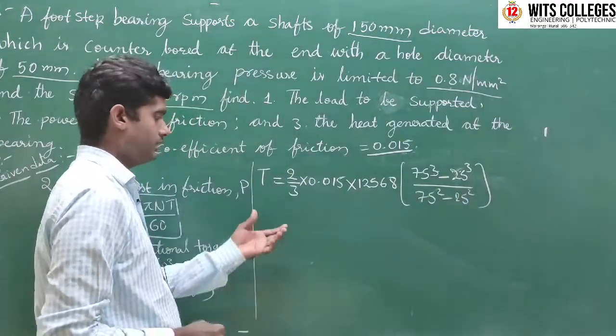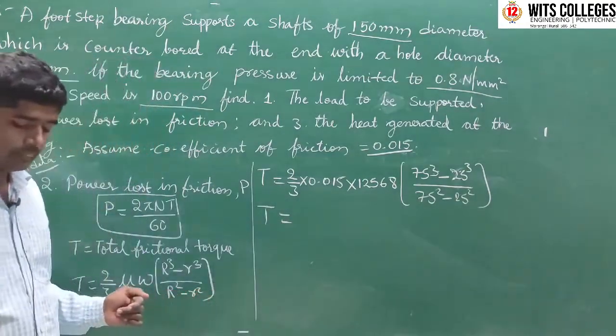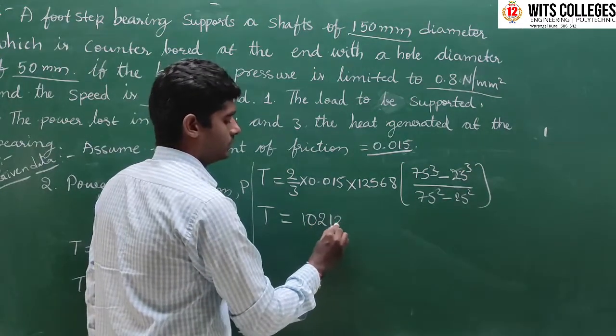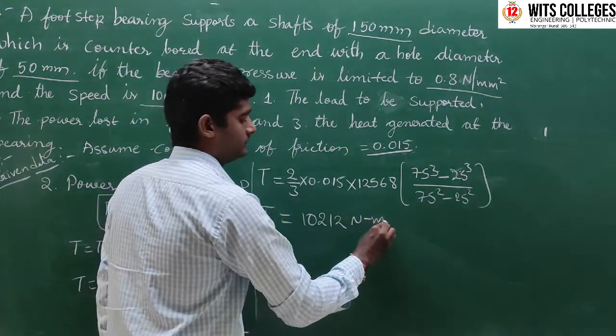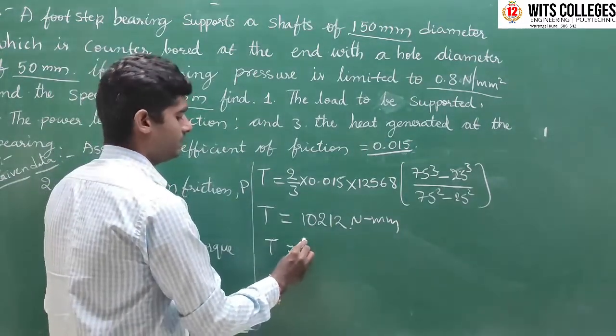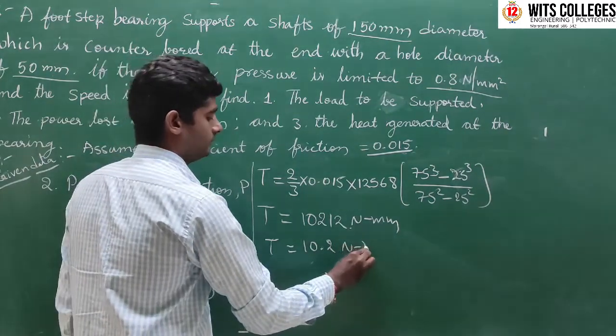These are the values. Let's find T. T is approximately 10,212 Newton mm. If converted into Newton meter, it is 10.2 Newton meter.